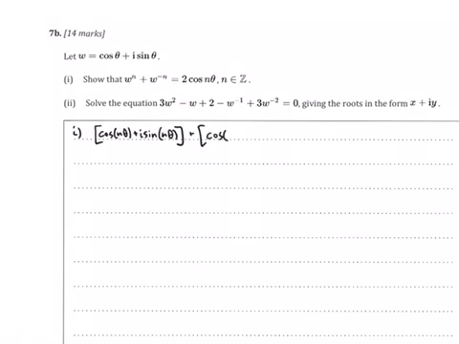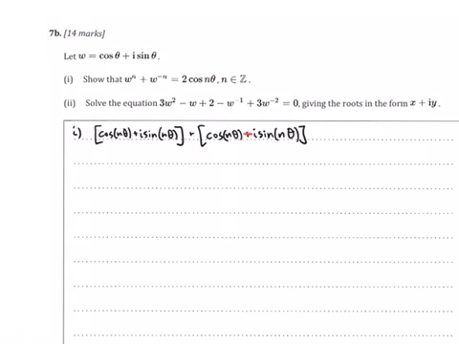Because cosine is an even function, cosine negative n theta will actually be equivalent to cosine n theta, plus i sine negative n theta, which will actually be equivalent to negative i sine n theta. So this will become, on the outside, minus i sine n theta.